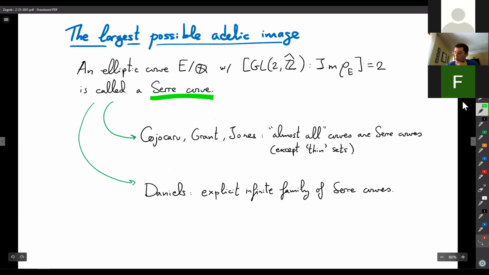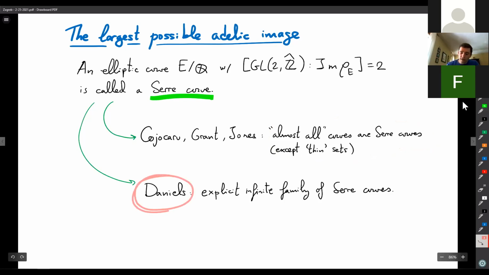Okay, so Jones and Grant and Jones prove that almost all curves are Serre curves, in the sense that if you have an infinite parametric family of curves, then the set of exceptions is thin in the sense of Serre and Hilbert irreducibility. But the problem with Hilbert irreducibility is that it doesn't give you any actual examples of Serre curves. This is just telling you that almost all are, in some sort of density sense.